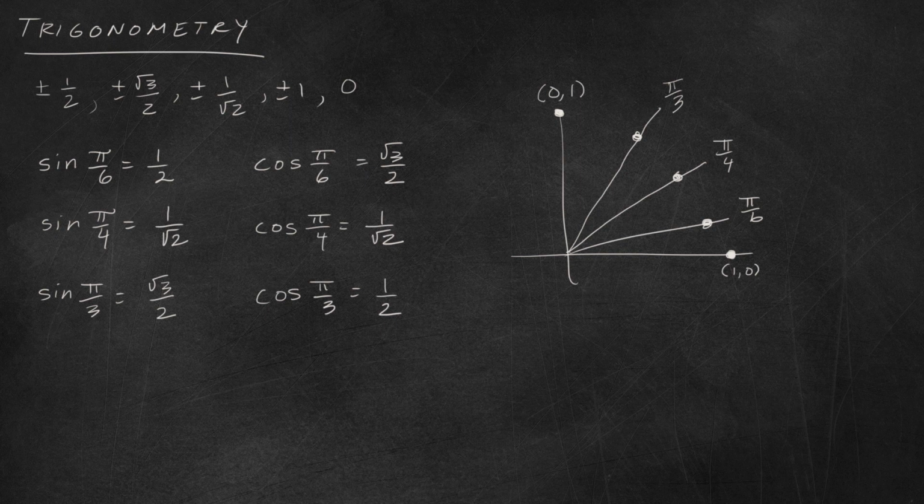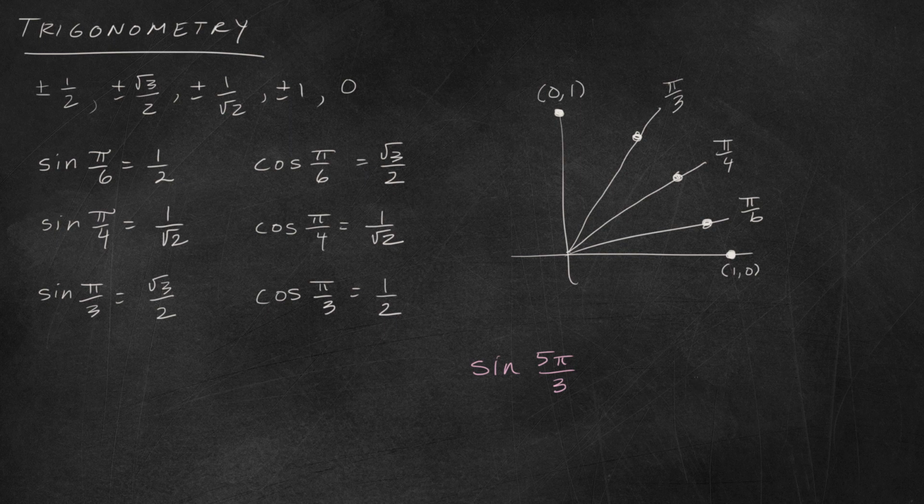Now, if it's something in quadrants 2, 3, or 4, I go back to using reference angles. For example, let's say we want to find the sine of 5 pi over 3. Okay, so I first think, what quadrant is 5 pi over 3 in?